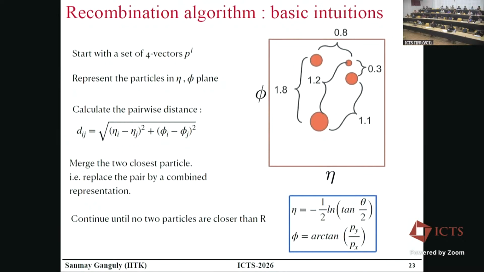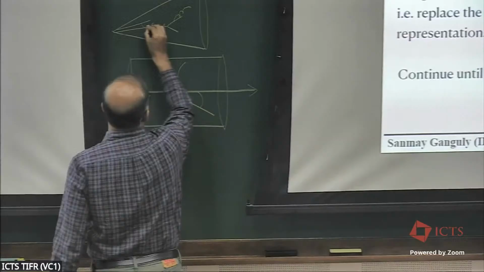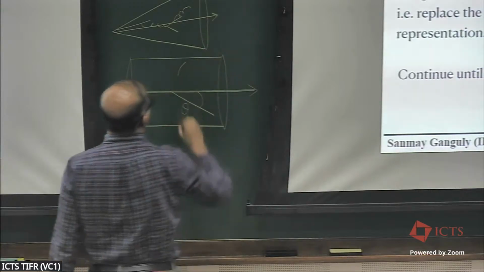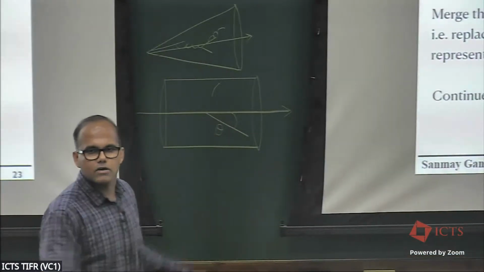If this is the original direction, there will be fragmentation like this, and this can emit a gluon. So if you think of a conical shape where the axis of the cone is almost aligned with the direction of the original parton, this is how it should evolve.